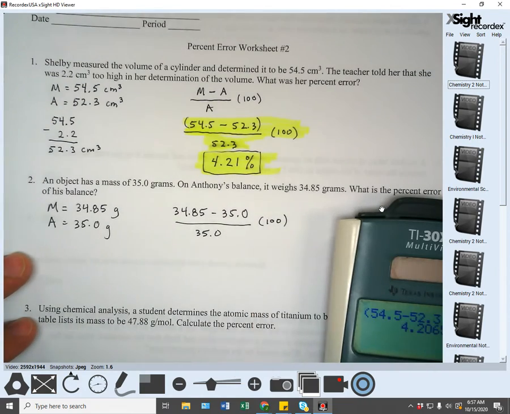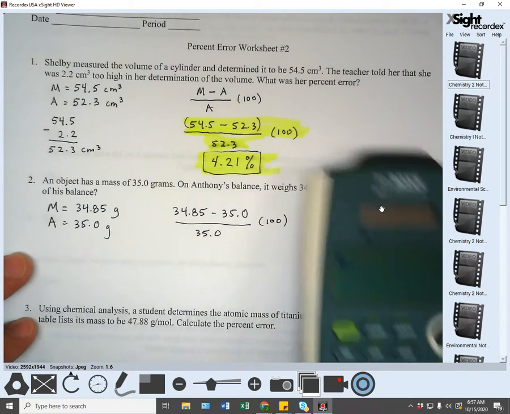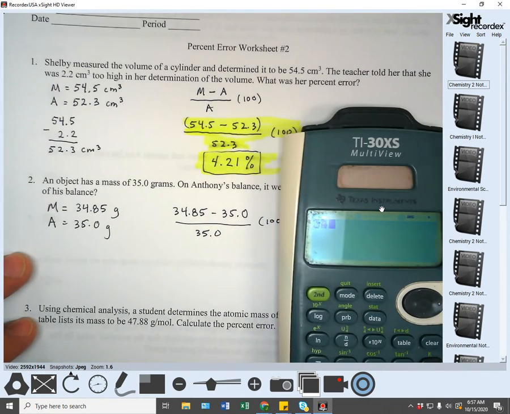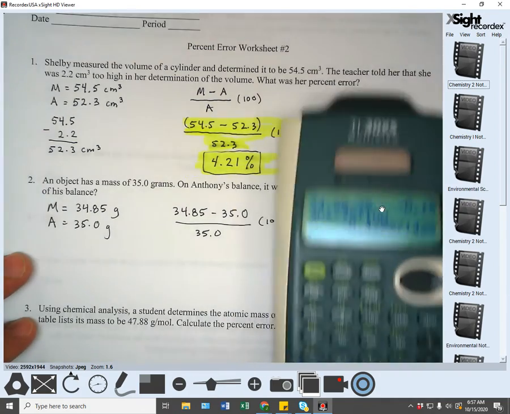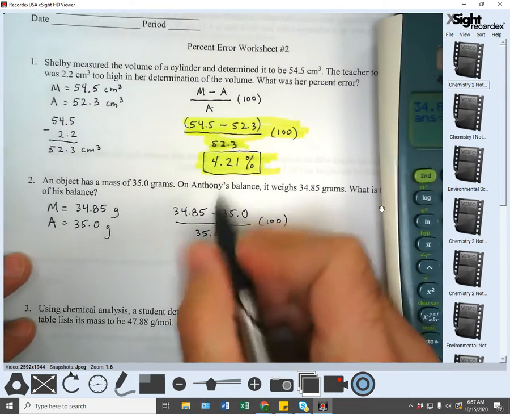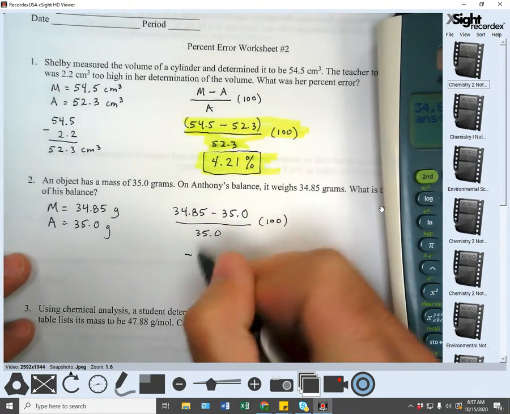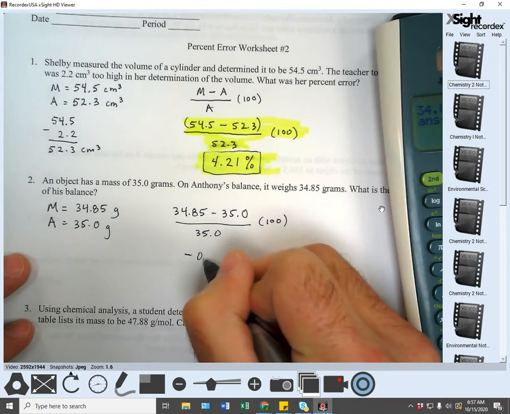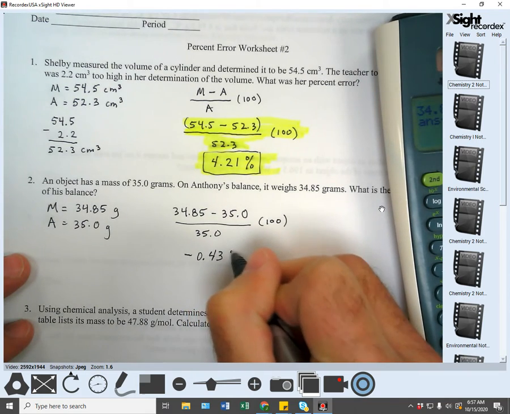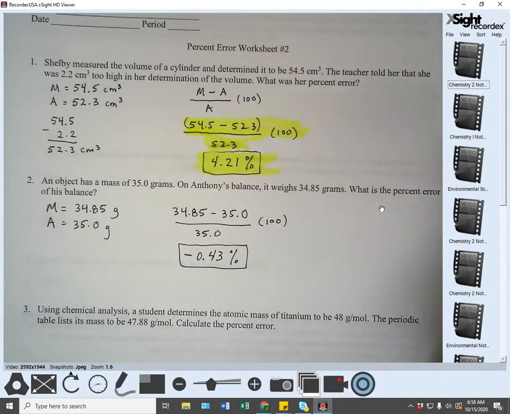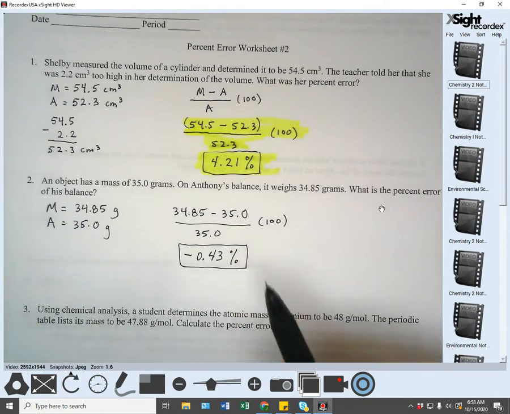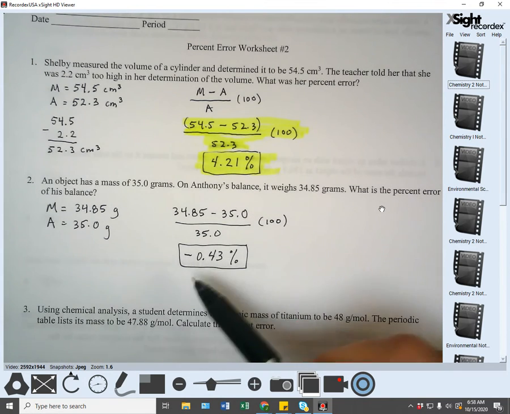Okay, now if I do this, I get negative 0.43%. Now, if you're thinking of it the way some people think of it, then you can get a negative percent error.